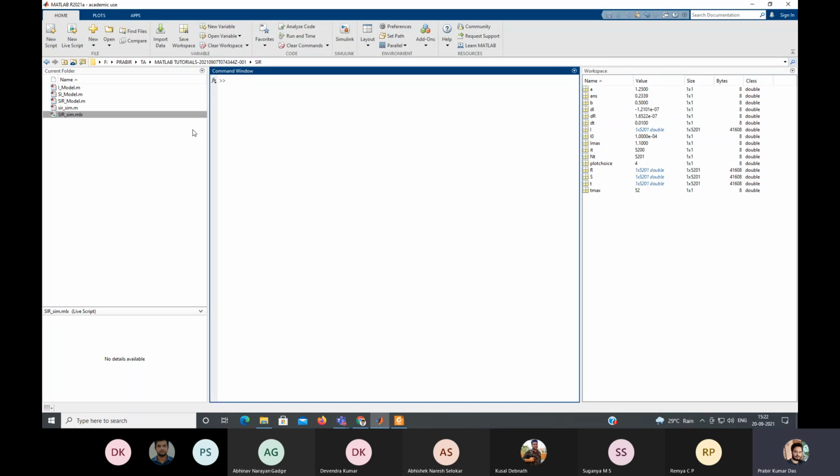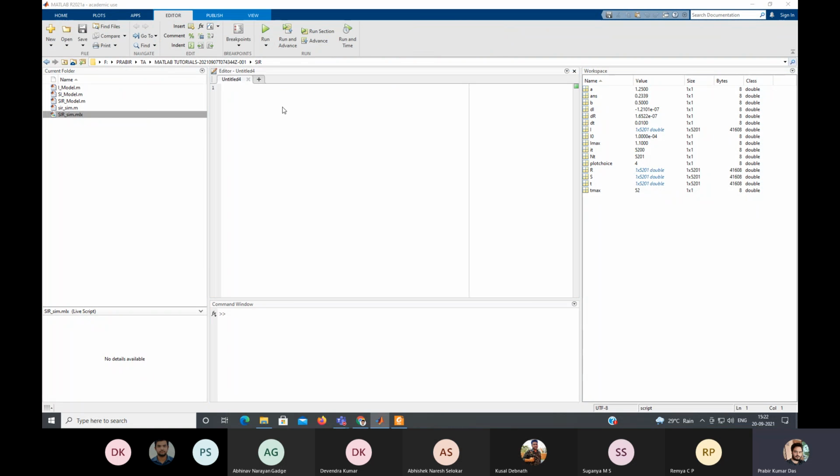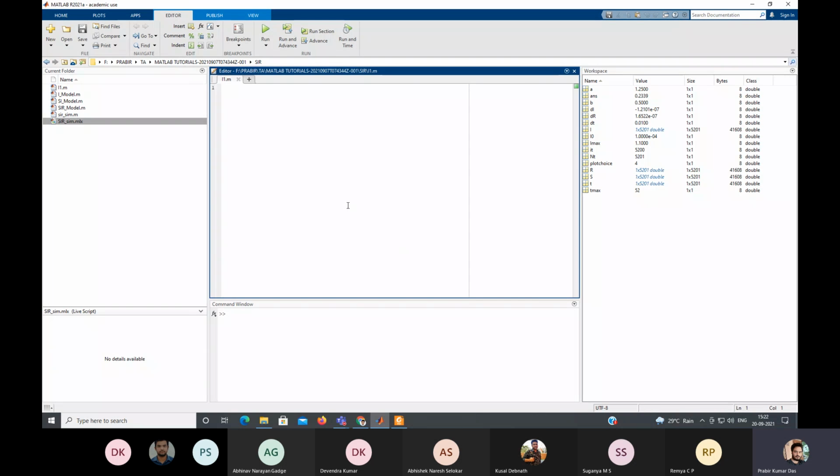Okay. So, start coding. Okay, so here we code the I model. What we are considering is only the infectious people.